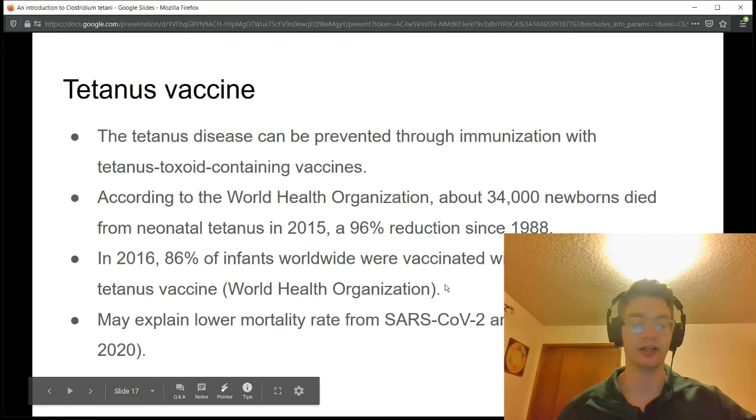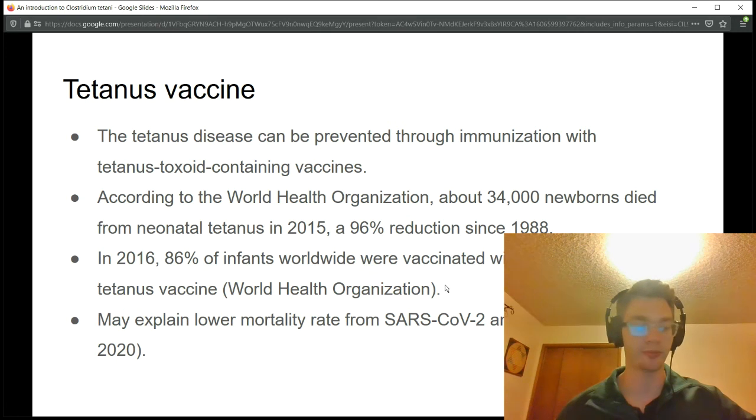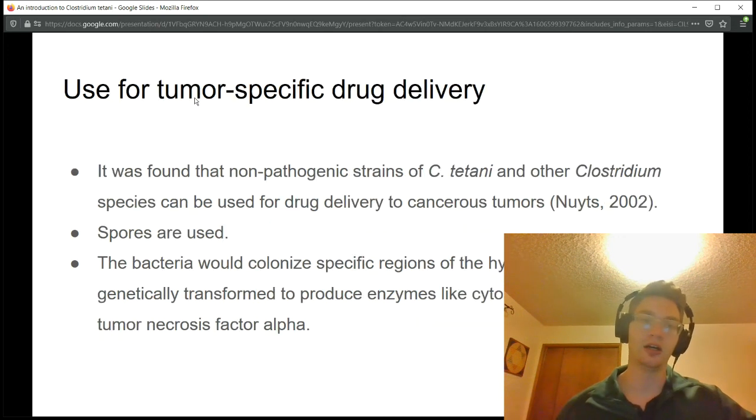It was published in August. But there might be some evidence there that the tetanus vaccine and some other vaccines that you have as a child might actually lower mortality rates from SARS-CoV-2. And in 2002, there was some research done, and they found that non-pathogenic strains of C. tetani and also other Clostridium species can be used for drug delivery to cancerous tumors.